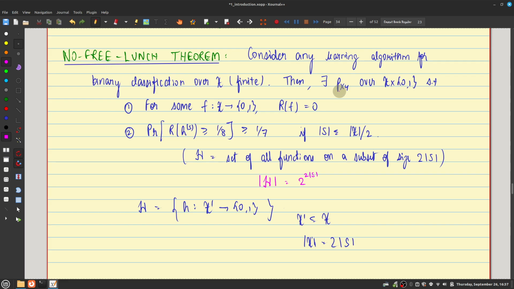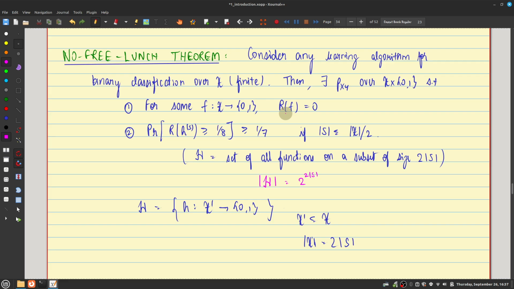But this is a slightly more general scenario, right? When it is over X by Y, this may not be a true concept. This is the true classifier, right? Because if R of f is equal to 0, what does it mean? That this is a concept, right? So in other words, Y is a deterministic function of X. Only then you can achieve R of f equal to 0. When we have rho XY, R of f equal to 0 may not be the case because Y itself is probabilistic.